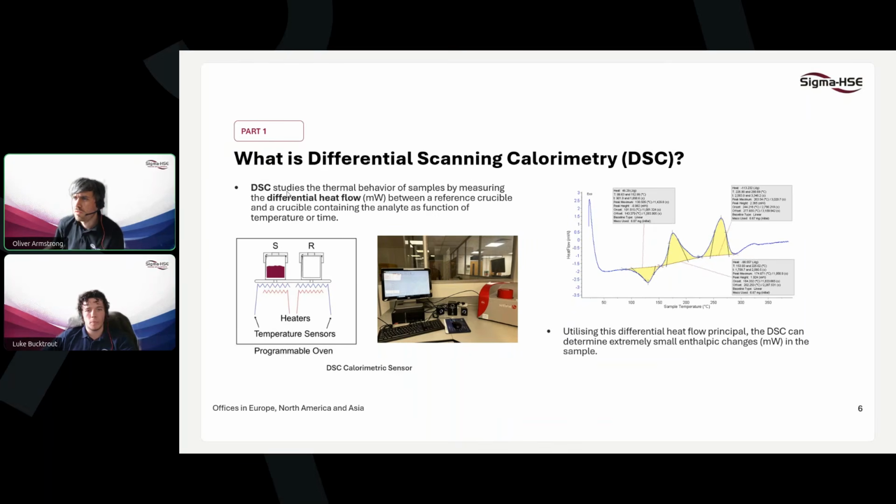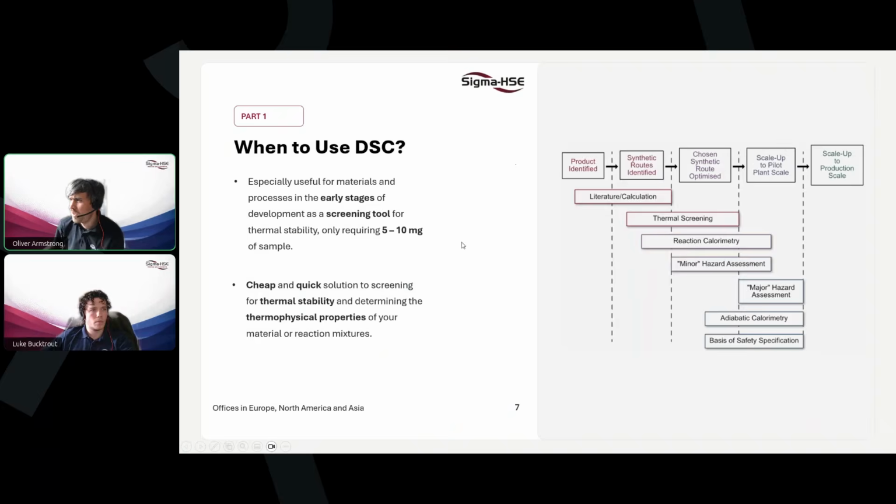Great, thank you. And to add to that background on what is DSC in part one, we'll go through when exactly we might consider using DSC in a new process development timeline.